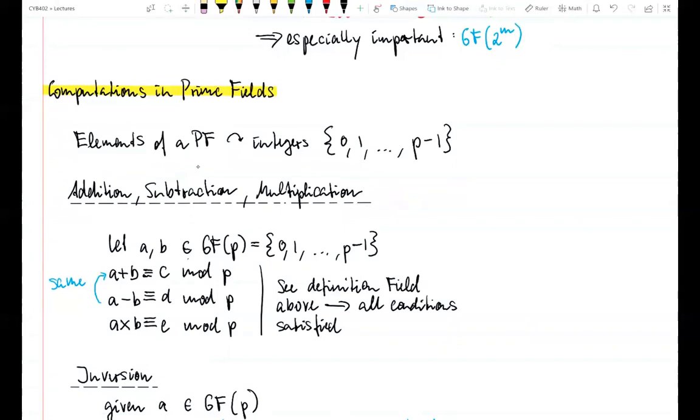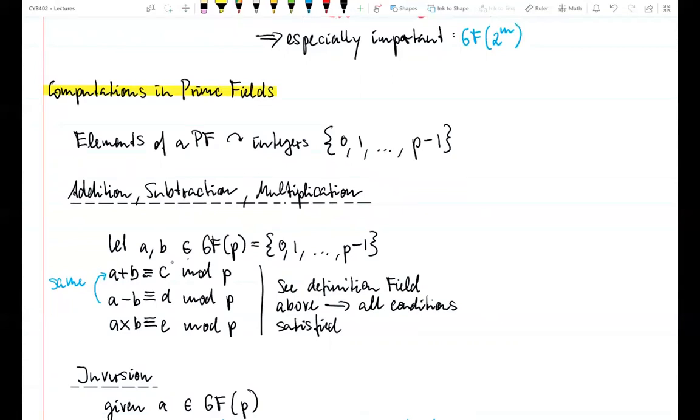Addition, subtraction, multiplication is pretty much what you are already familiar with. We do a plus b or a minus b or a times b, which results in an element in the same group, and then we do modulo p reduction. So a plus b is congruent to c modulo p, and similarly a minus b is congruent to d modulo p.